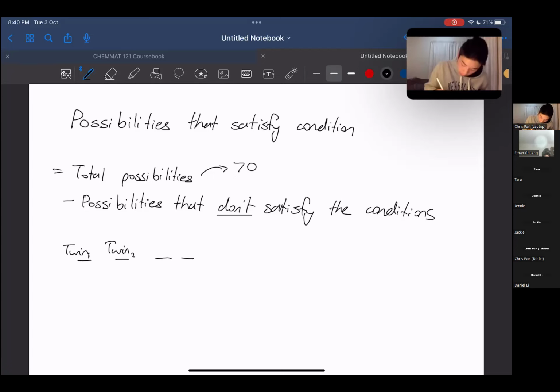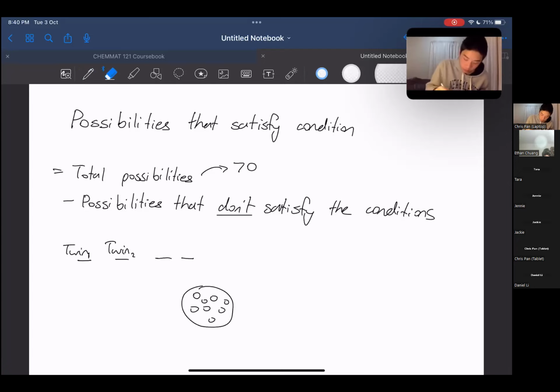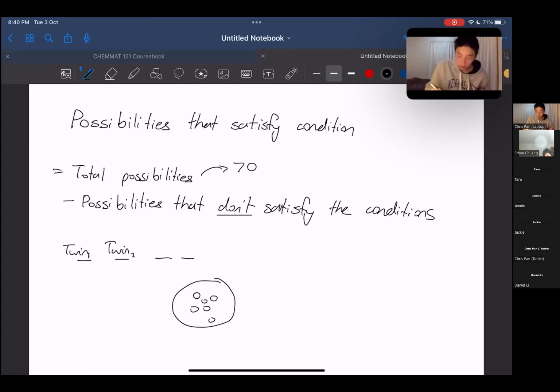Well, originally there were eight people in this pool, right? Three, four, five, six, seven, eight. Here are the eight people we could have chosen. But now we've chosen the two twins. There are only six people left in the pool to choose from. So how many ways are there of choosing two people from a group of six?